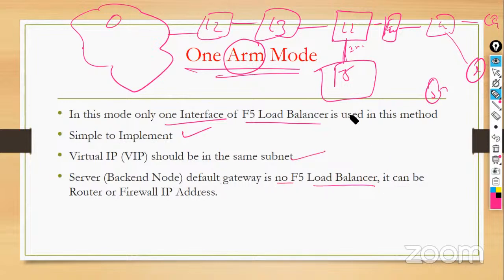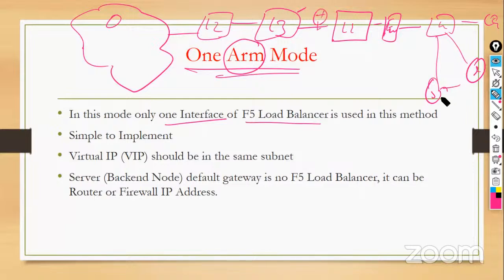So for example, right now you have only these servers, and these servers have a gateway, maybe your L3 switch, or a router in between if you have. But now you added the F5 as well.